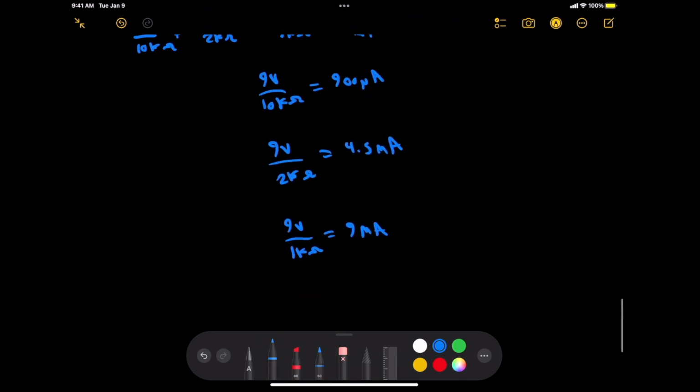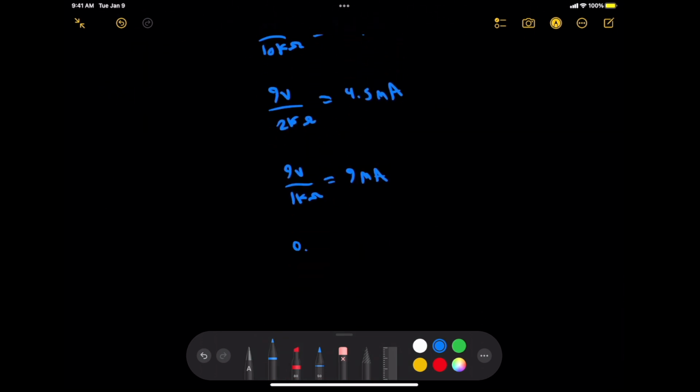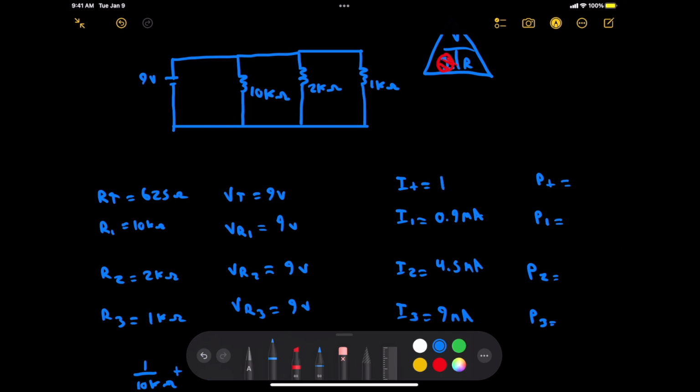So we have our 0.9 milliamps plus the 4.5 milliamps plus the 9 milliamps, and that's going to be equal to 14.4 milliamps. That's my predicted value. Let's see if I'm right.